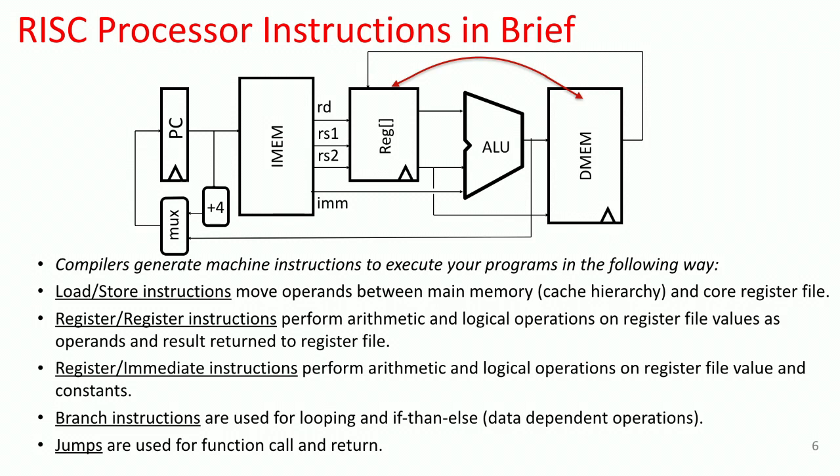No operand can be directly manipulated from memory. Okay? The processor doesn't take operands out of memory. It only takes operands for its instructions out of the register file. So we need some instructions that move the important data into the register file. And when we're done with it, we move it back to the memory. Those are the load store instructions.